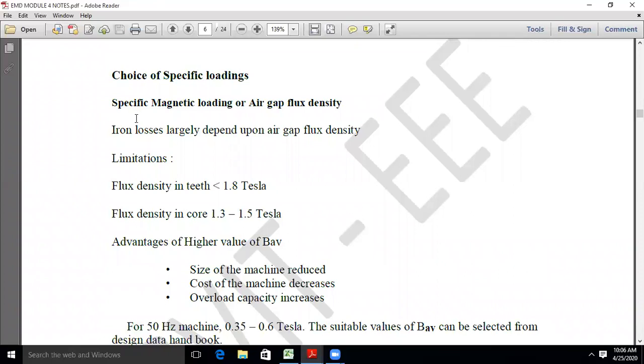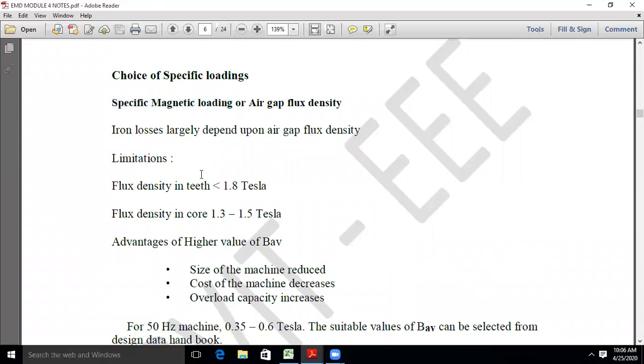Whatever the iron losses are in a particular machine, they largely depend upon this specific magnetic loading, that is, the air gap flux density.